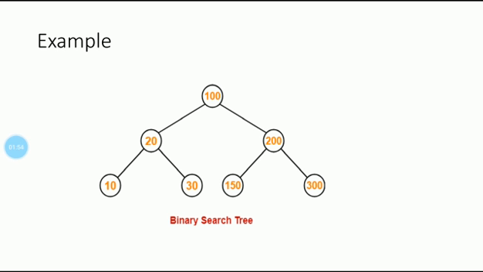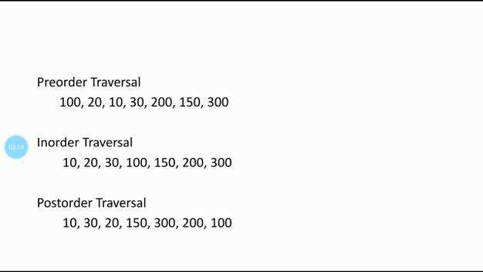After the completion of root and left, we have to go for right. Right is also a subtree, and its pre-order traversal is 200, 150 and 300. So overall the pre-order traversal for this binary search tree is 100, 20, 10, 30, 200, 150, 300.